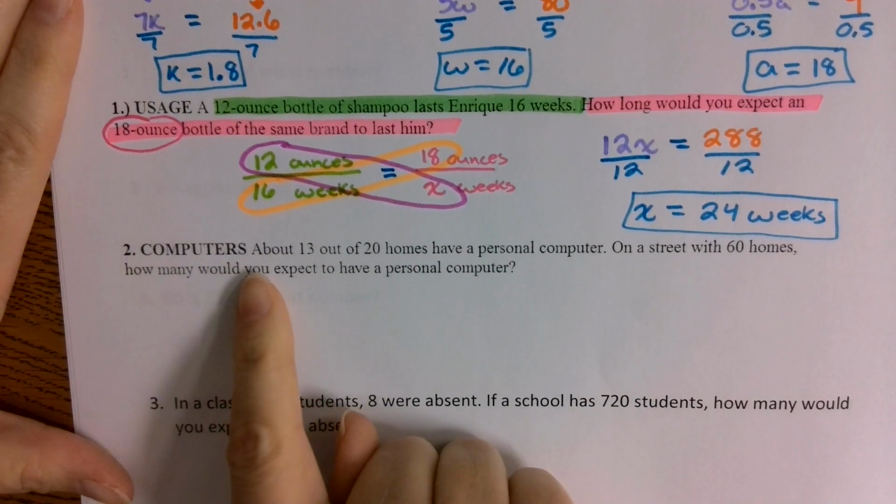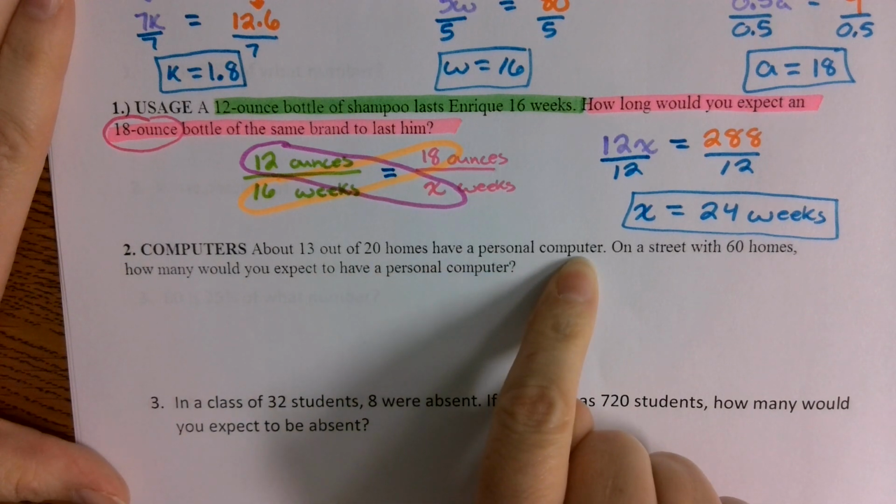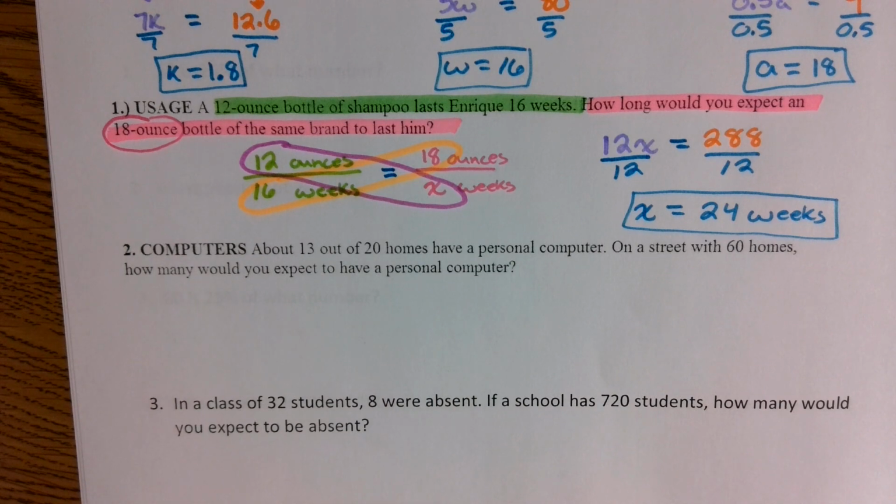Let's take a look at problem number 2 to create our ratios. About 13 out of 20 homes have a personal computer. On a street with 60 homes, how many would you expect to have a personal computer? What two numbers am I going to use to create my first ratio? 13 and 20, right? So does it matter if I do 13 over 20 or 20 over 13? No, it doesn't matter.